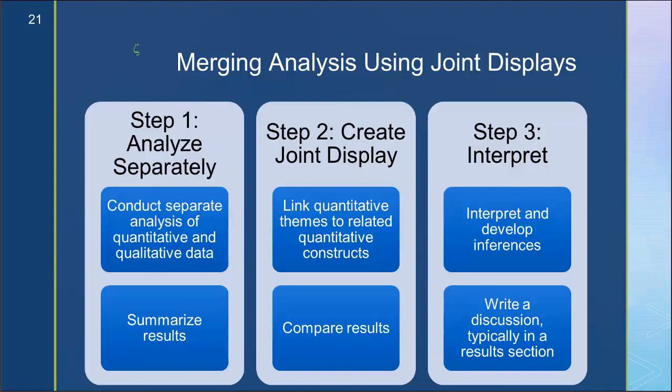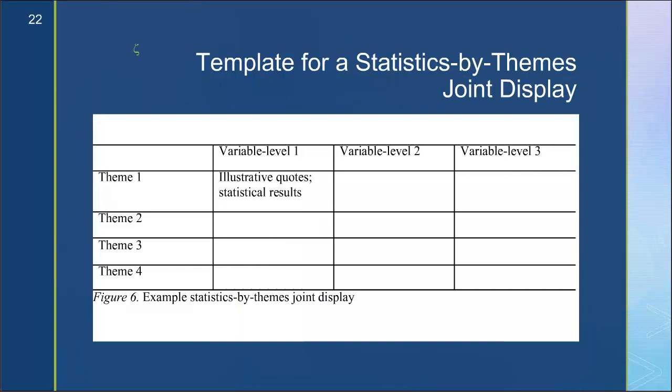So the idea is that we're comparing on similar concepts, if you will. So for a certain qualitative theme, what's a related quantitative construct or item on a survey or component? And then we're comparing those results. And then in our interpretation, we're interpreting and developing inferences, and we write a discussion of that. We write a narrative about that.